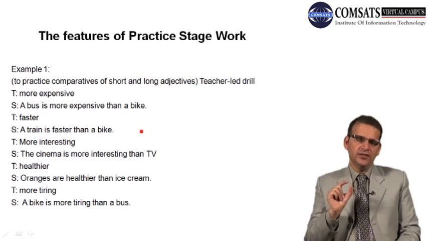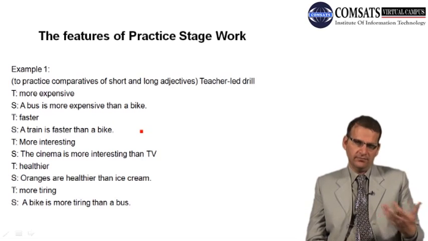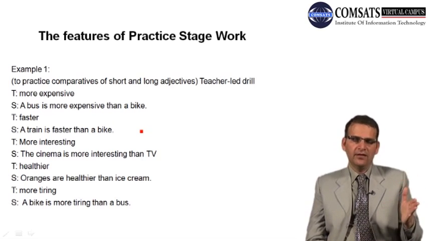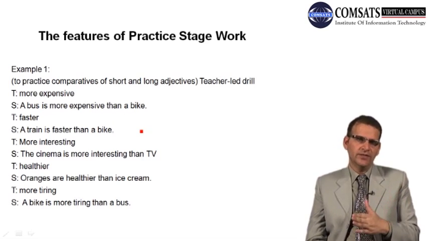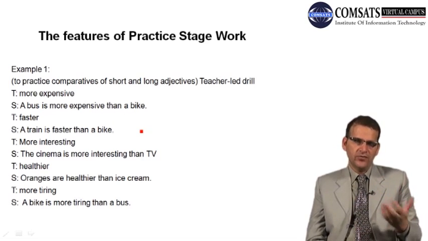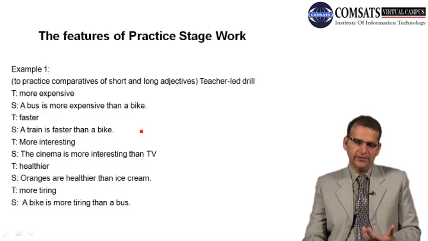The teacher wants to inculcate comparative degrees, and the students make sentences. For example, the teacher uses faster, and the students say the car is faster than the bus, or a train is faster than a bus. Is that clear? So this is what we call teacher-led drills.